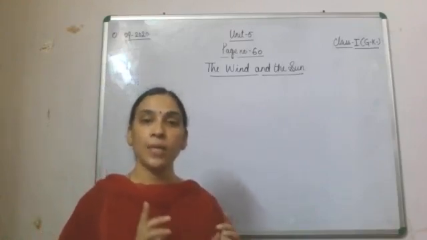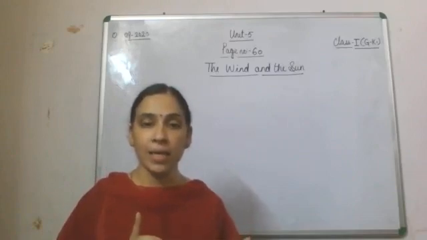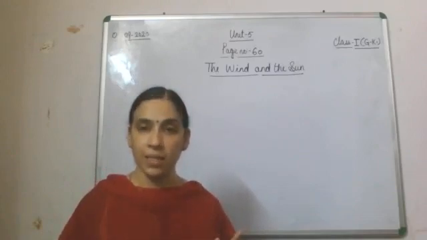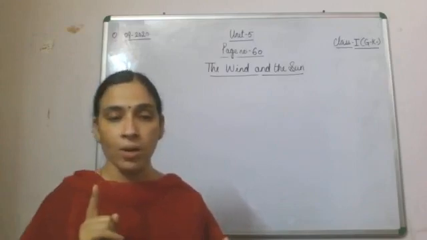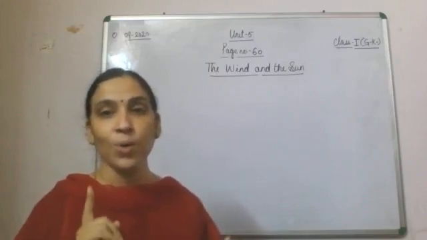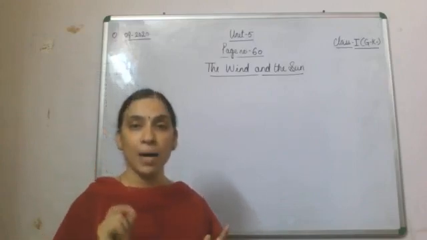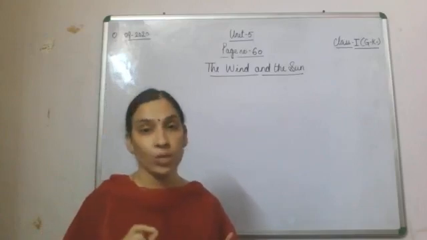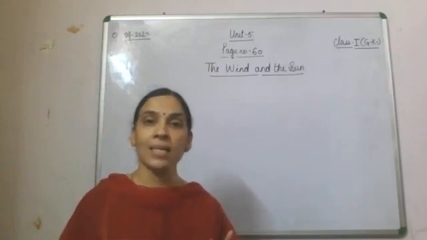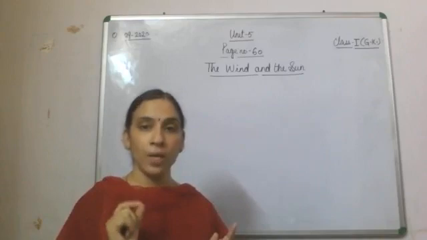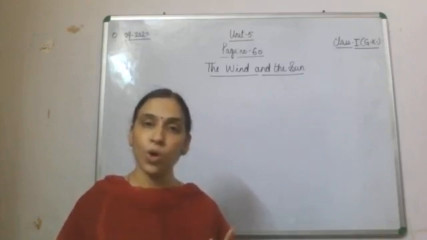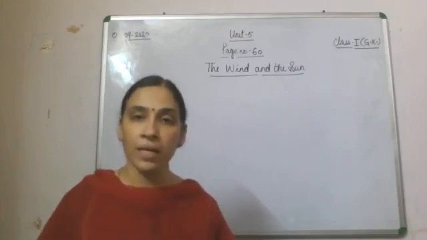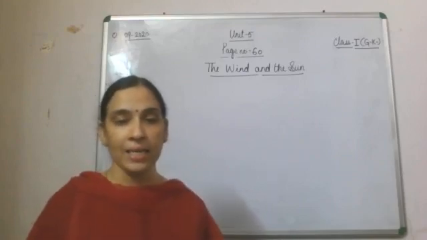So now the question which we will ask in the end is, who was mightier, the sun or the wind? Who was intelligent, who was smart? The sun was smart enough that he knew the way to take off the coat of that man.